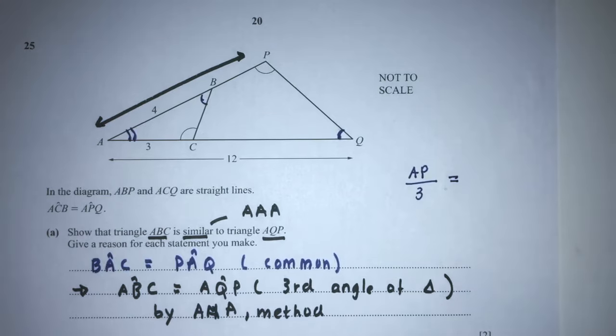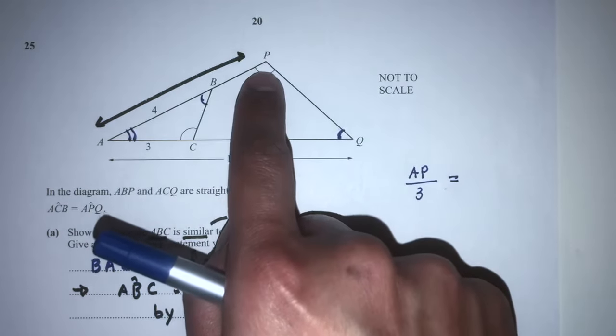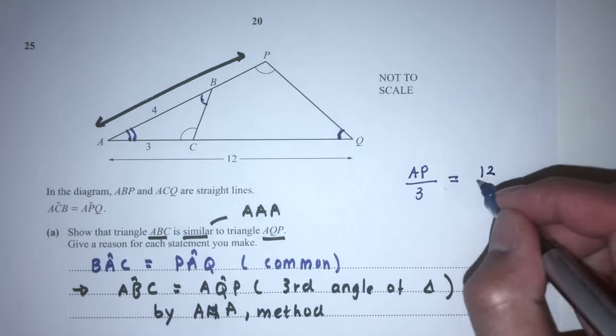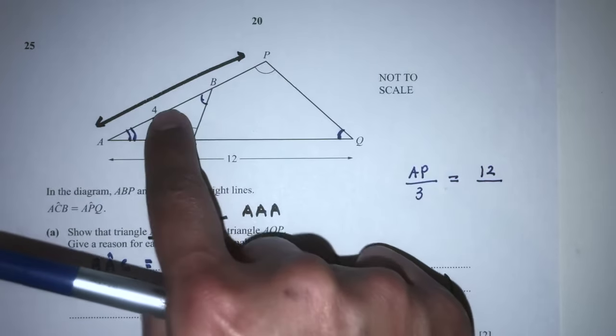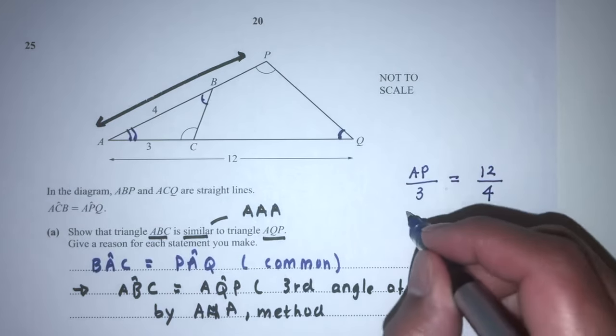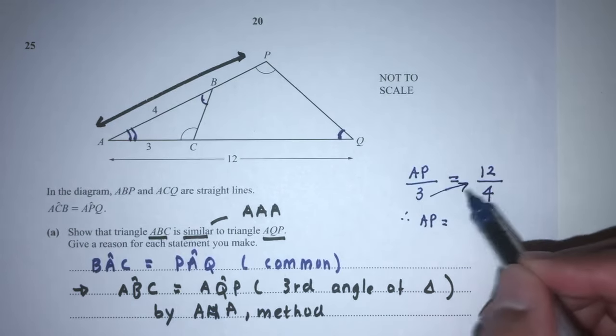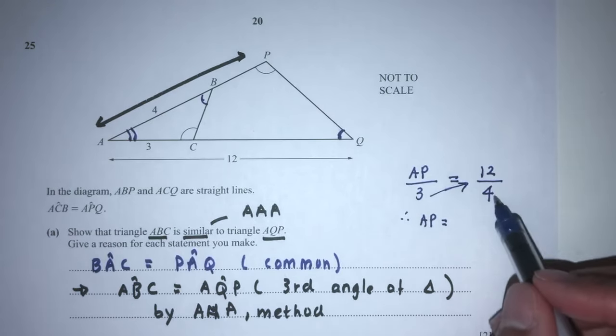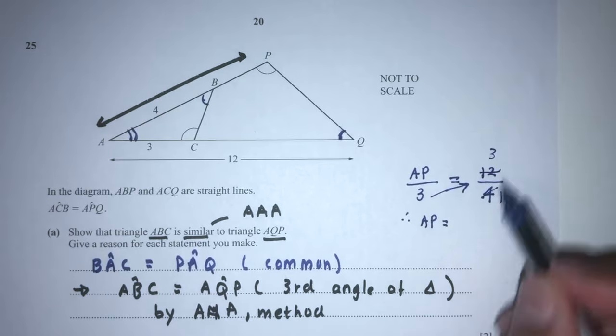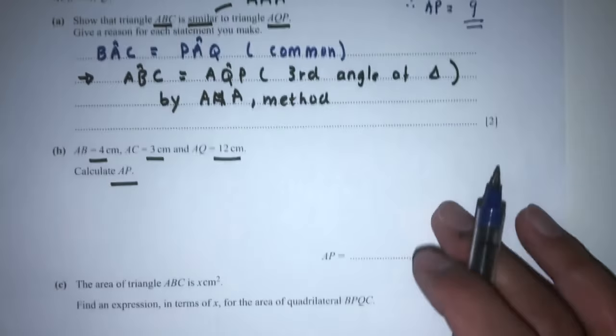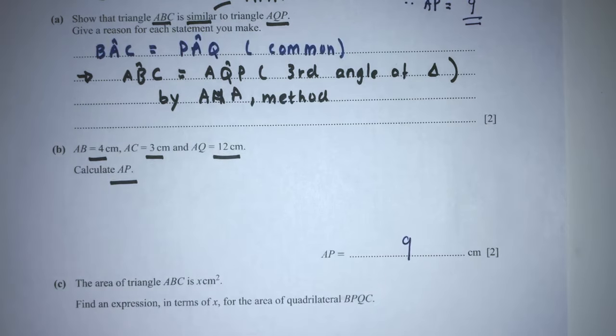Equal to, this angle opposite will be 12. This is the same angle as this, opposite will be 4. From this, AP has to be 12 times 3 over 4, that will be 9. So AP will be 9 centimeters.